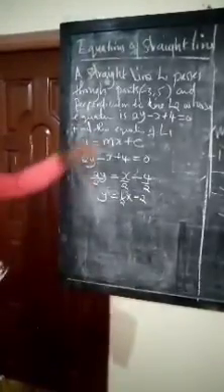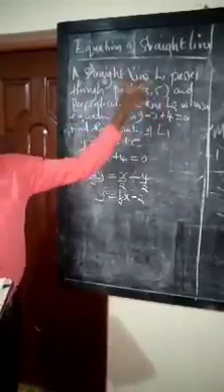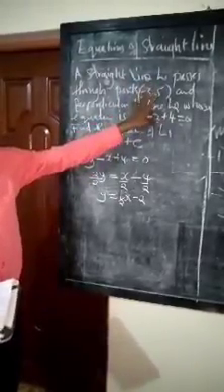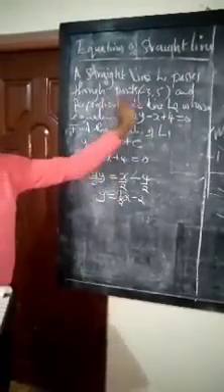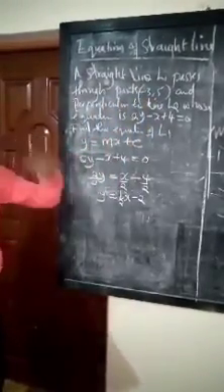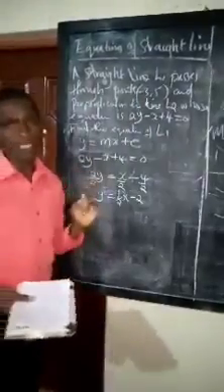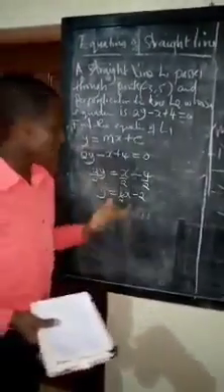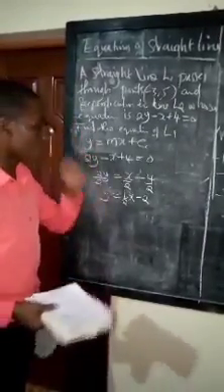Remember, we want to find the equation of line 1 that passes through (-3, 5). These are coordinates, where the value of x is negative 3 and the value of y is 5. This line, line 1, passes through this point. But for us to get the equation of a line, we must have a gradient and one point. In our case, we don't have the gradient of line 1, but we have the gradient of line 2.